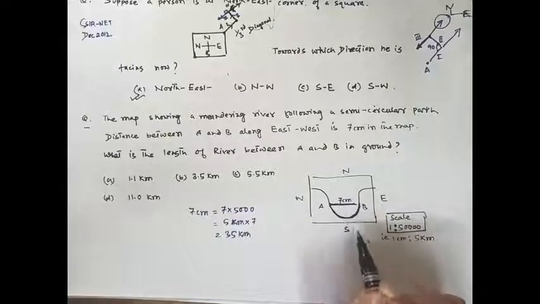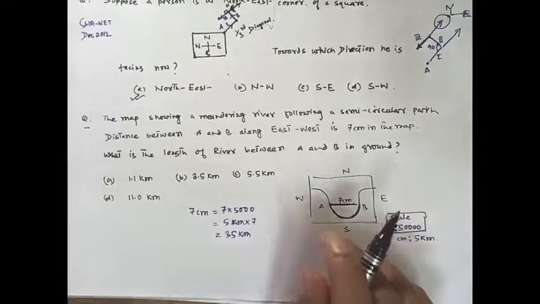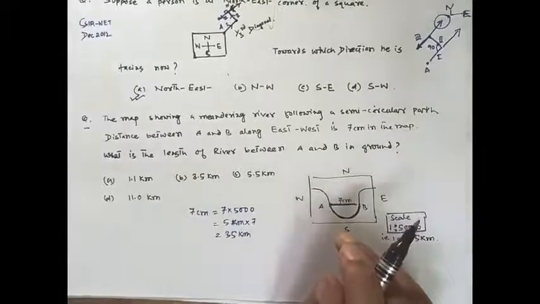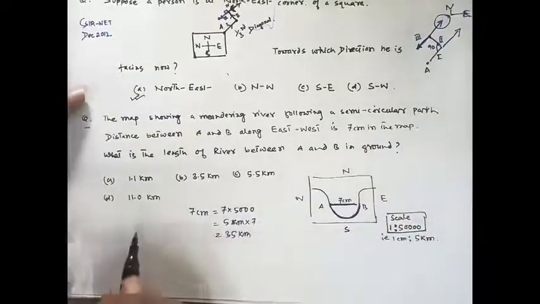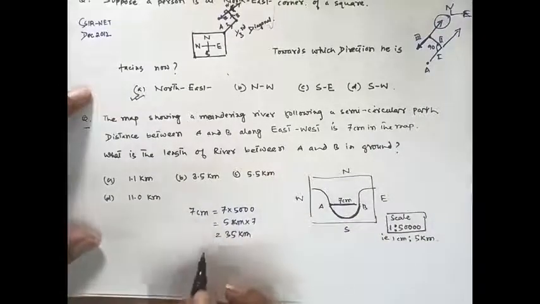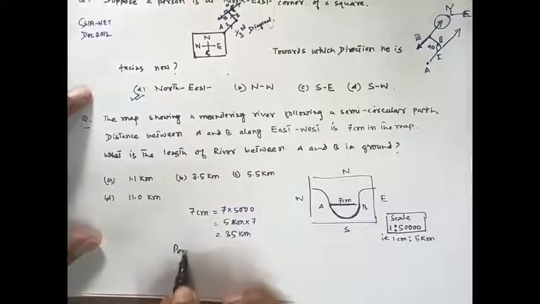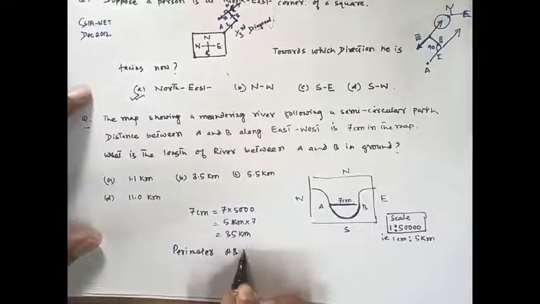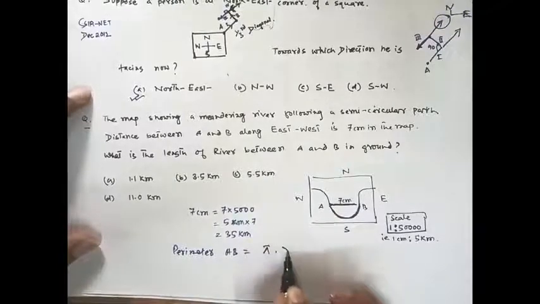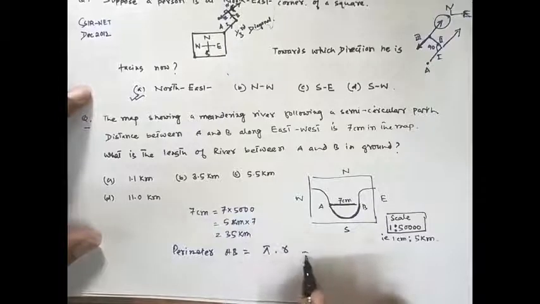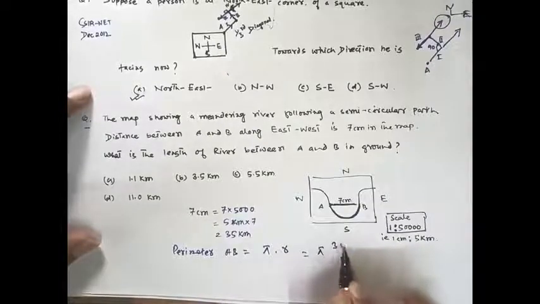Since it is semicircular, the perimeter of the semicircular path AB will be given by pi into r. In this case r will be 35 divided by 2.